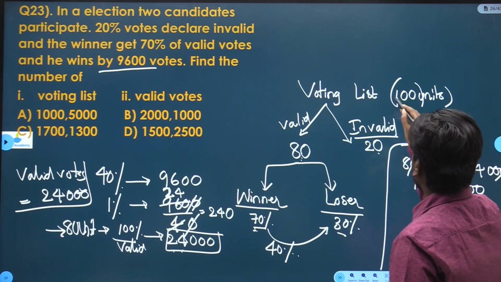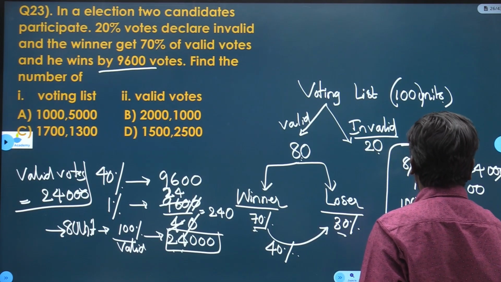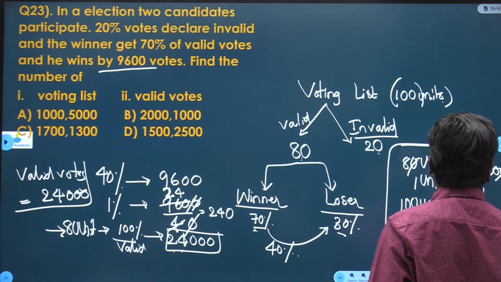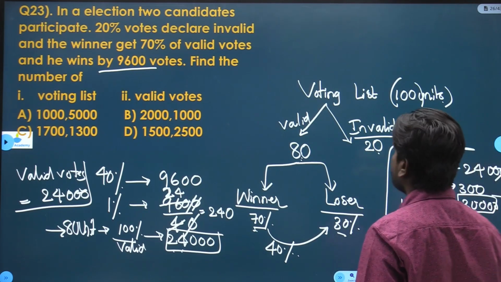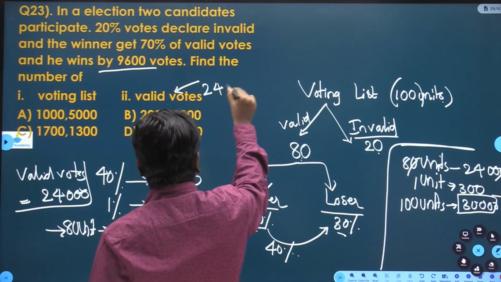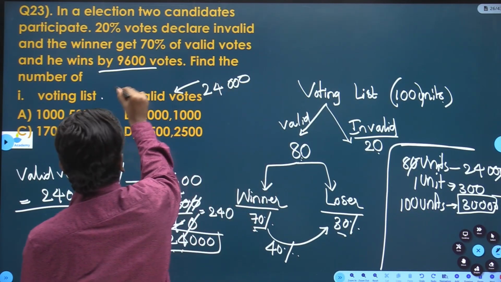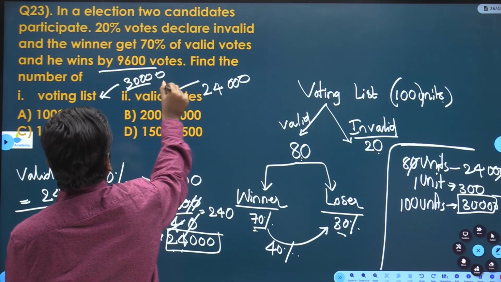So the voting list is 100 units, so 100 units is 30,000. So valid votes are 24,000, and the voting list is how much? 30,000. So this is the answer.